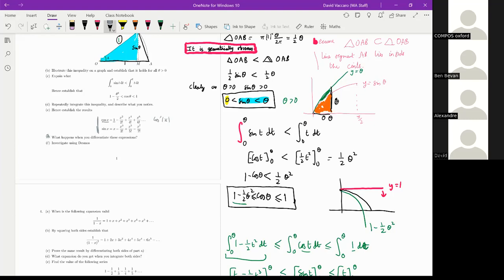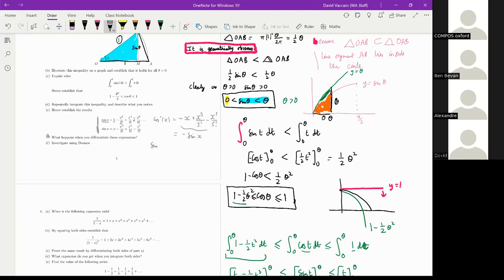The x squared over 2 factorial term differentiates to negative x. x to the 4 over 4 factorial, we pull the 4 down, so we lose a 4 from the 4 factorial, so we get x cubed over 3 factorial. Then when we differentiate the minus x to the 6, we get minus x to the 5 over 5 factorial. And this is just exactly the same as the Taylor expansion for sine, but with a negative.